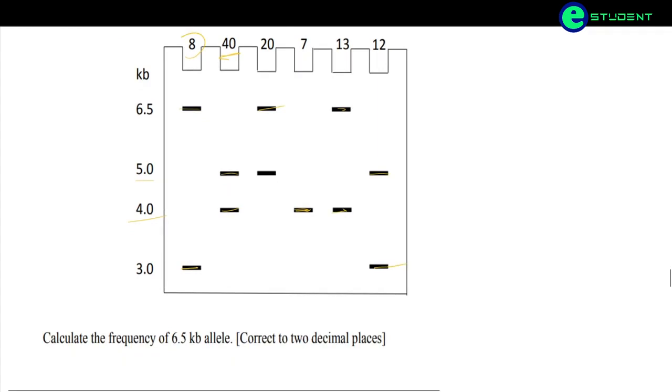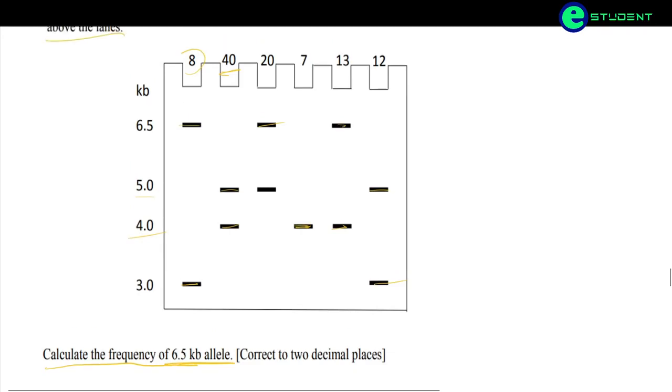So now they are asking to calculate the frequency of the 6.5 kb allele. So here the total number of people is 100. We have to calculate among these 100 people how many are showing 6.5.